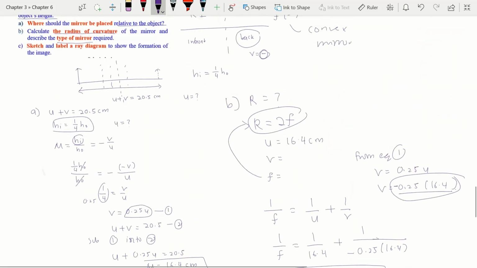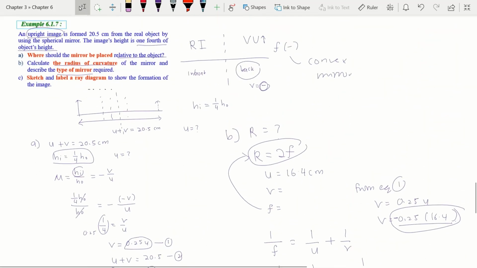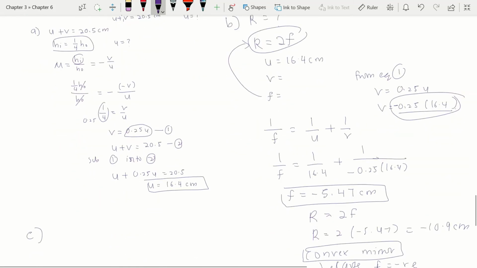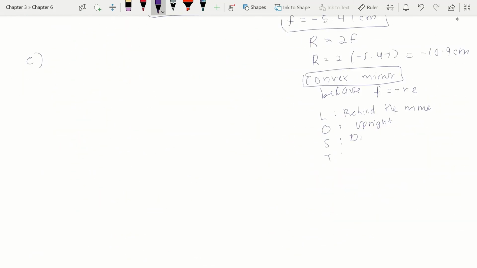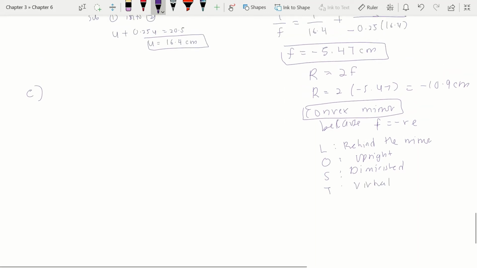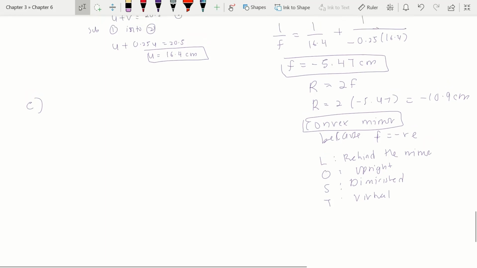Do you think it's diminished or magnified? It is diminished. You know why? Because the image height is 1/4 of the object height. The type of the image formed is, what is it? Virtual or real? It is virtual because the image forms at the back of the mirror, or behind the mirror.